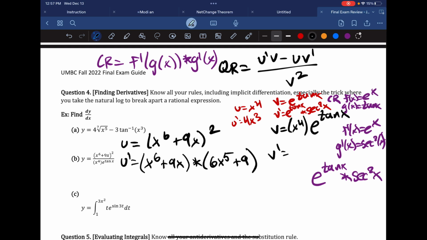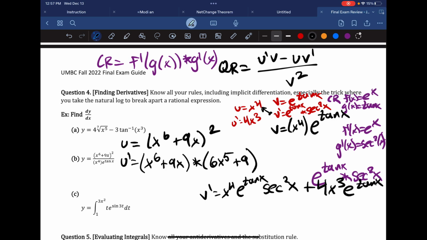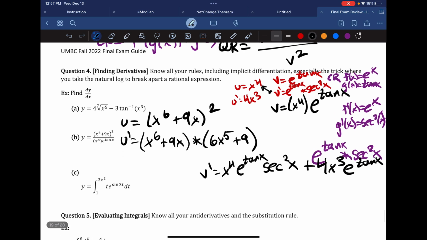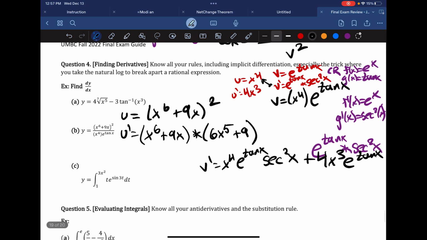And so then the v prime is going to be this times this, x to the 4 e to the tan x secant squared x plus 4x cubed times e to the tan x. So actually, I don't want to simplify this.